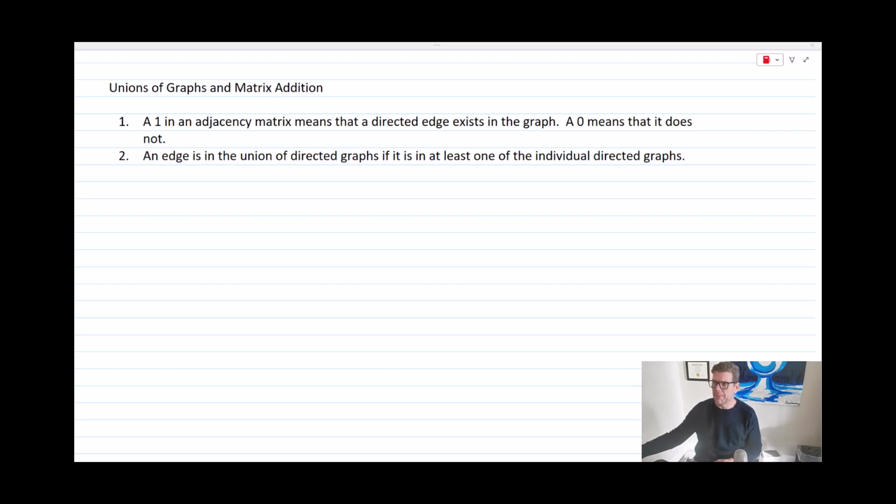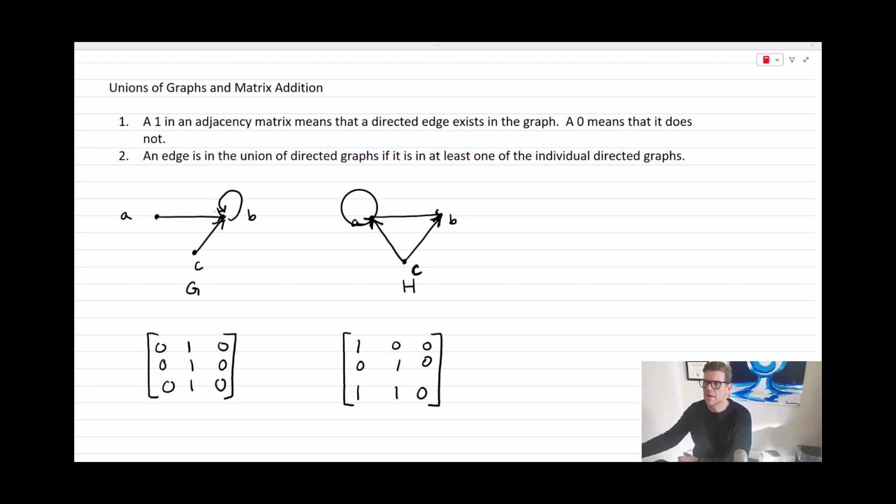Let's take a look at an example of how we can connect unioning graphs with the addition of matrices. Let's see how we can equate the unioning of graphs with matrix addition. Looking at this example, let's say we have the graph G and we have the graph H, and we'll have the matrix A and the matrix B associated with each one of them respectively.